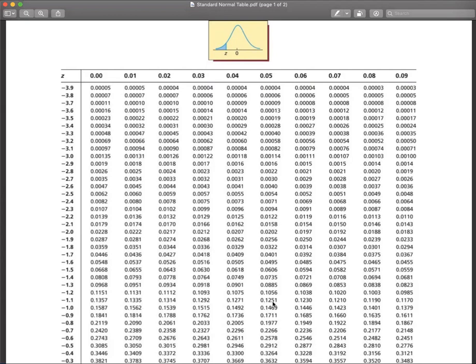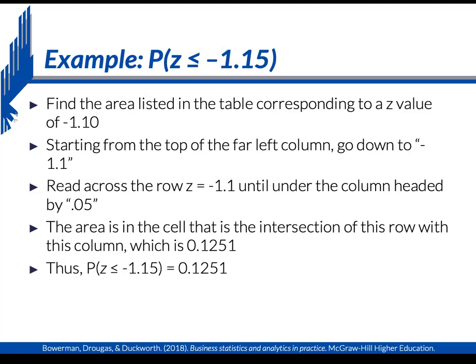Because again, the z-score that we are interested in is -1.15. And if we look for the value at the intersection, that is 0.1251. That is the area to the left of -1.15. So that's how we use the table to get the area to the left of z-score -1.15.